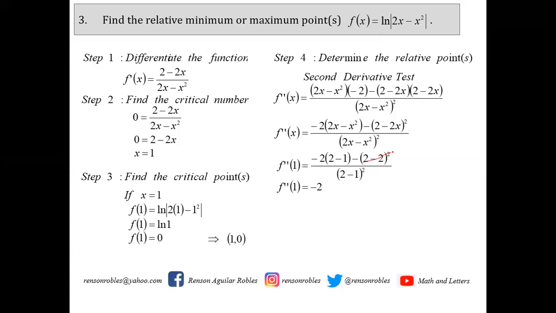And we know that this one will become 0. So we have 2 times 1 is 2, then 1 squared is 1. So this is equal to 1, and 2 minus 1 is 1, and then times negative 2 is negative 2. Okay, and since negative 2 is less than 0, the point (1, 0) is a relative maximum point.